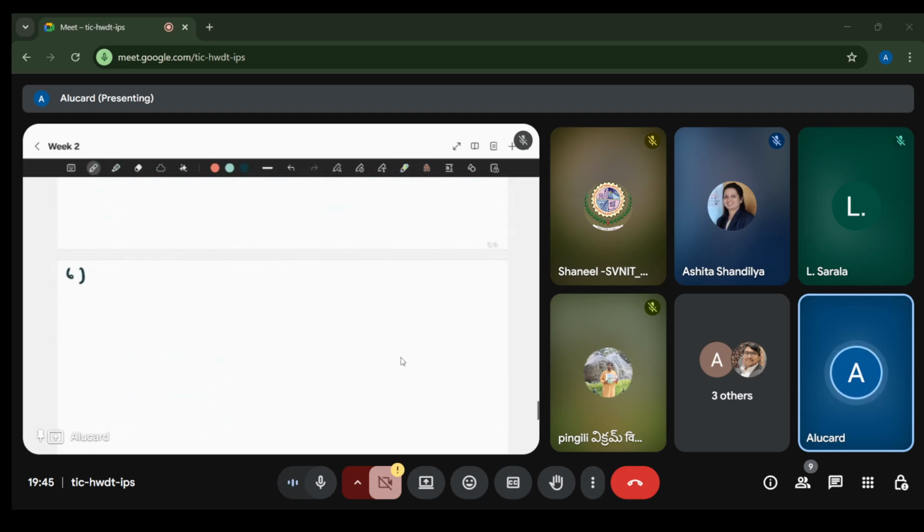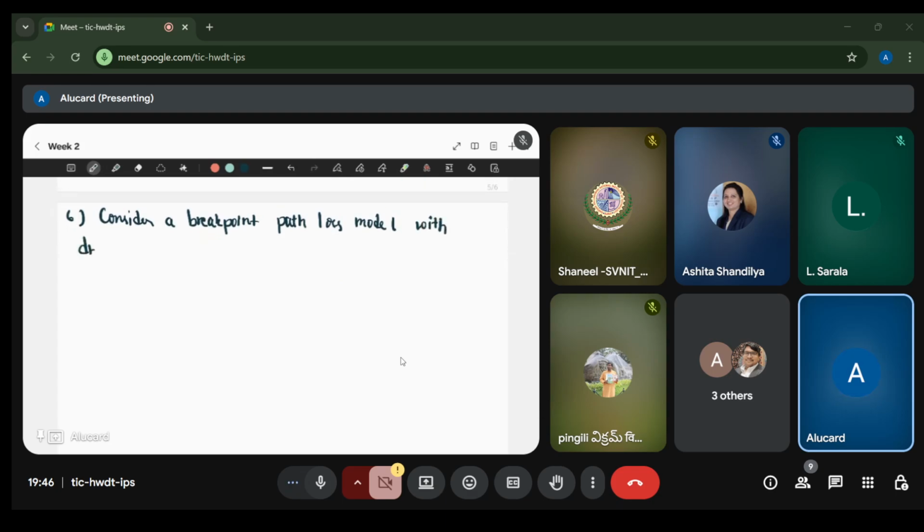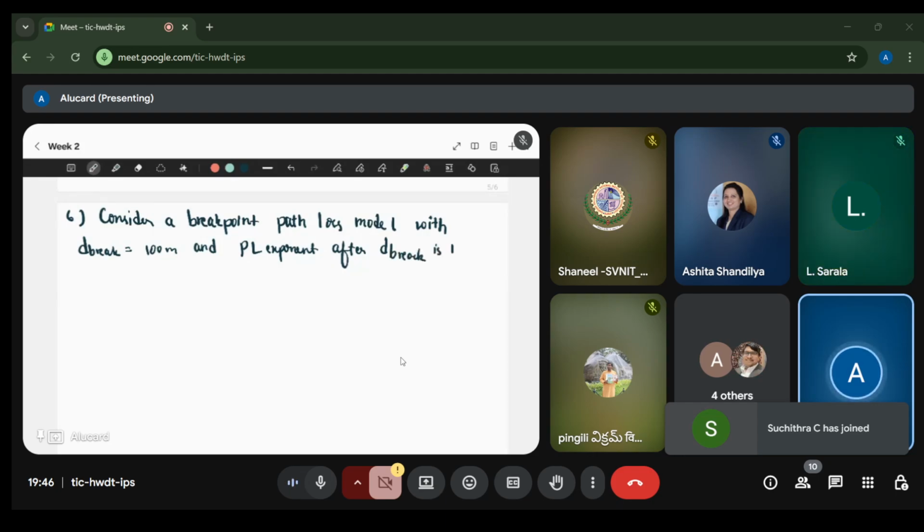Then 6. Consider a breakpoint path loss model with d break equals 100 meters and path loss exponent after d break is 4.2.